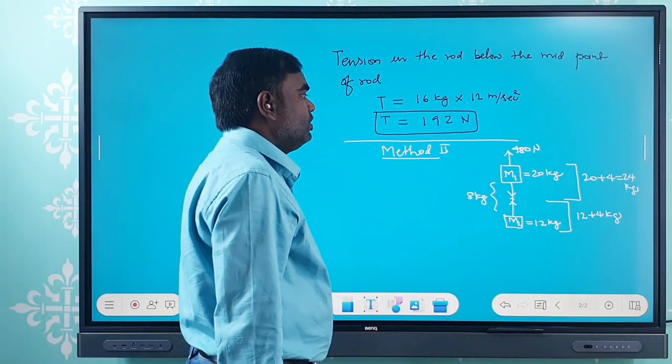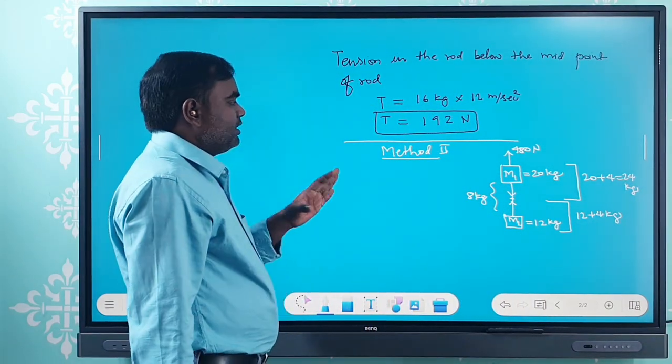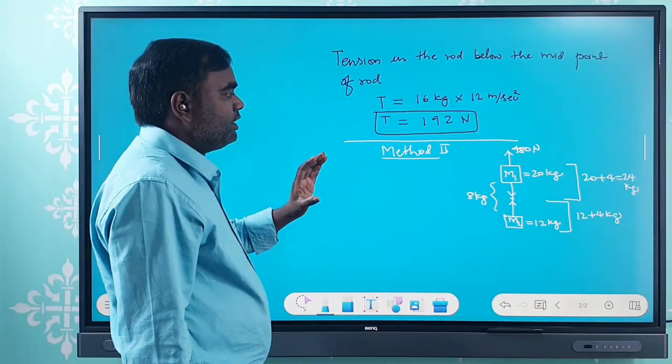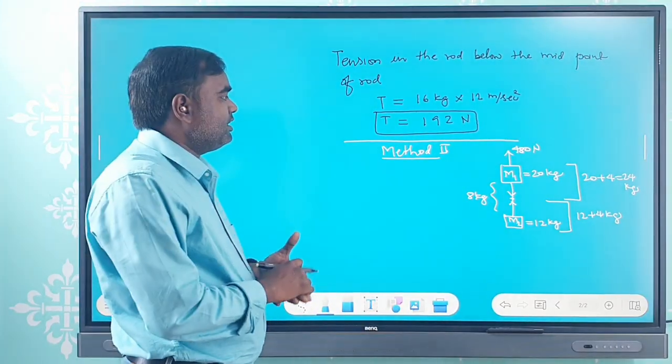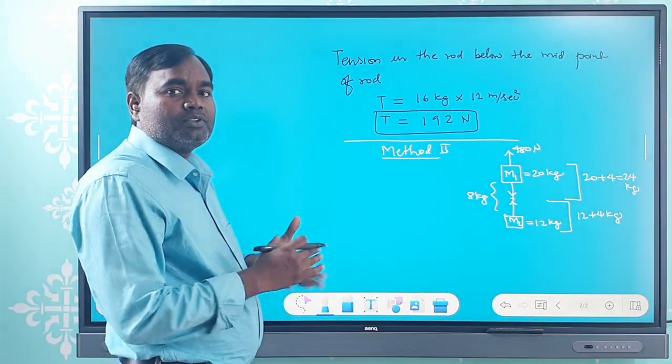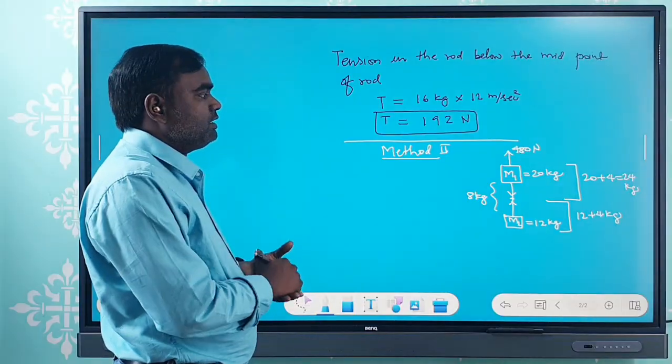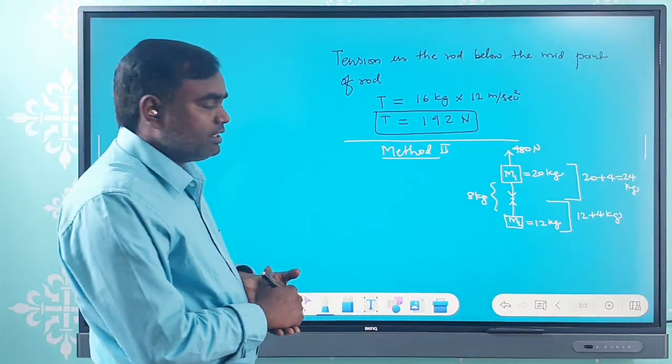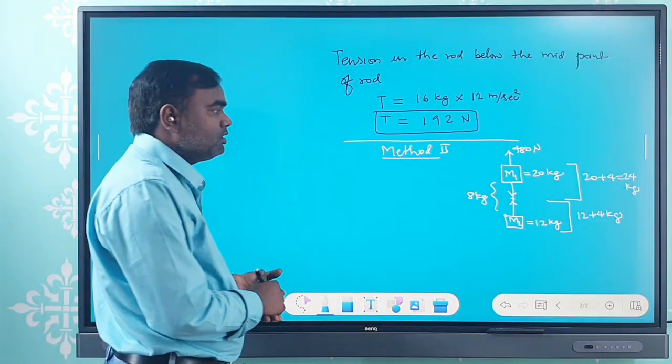This is the arrangement, and when it is placed under gravity, there is another force acting on the masses: their weight acting downwards.